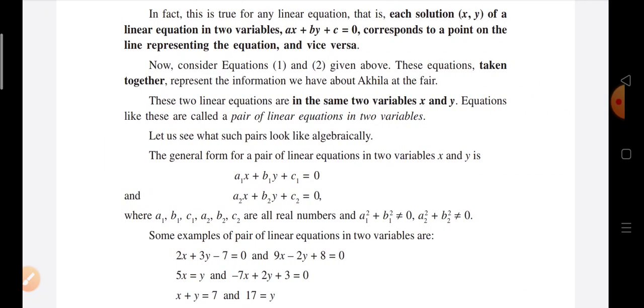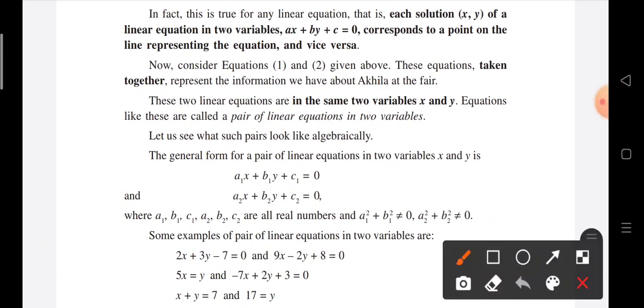In this video, we will discuss the pair of linear equations and what kind of solution they have. So, let's start with the pair of linear equations, what actually they have.